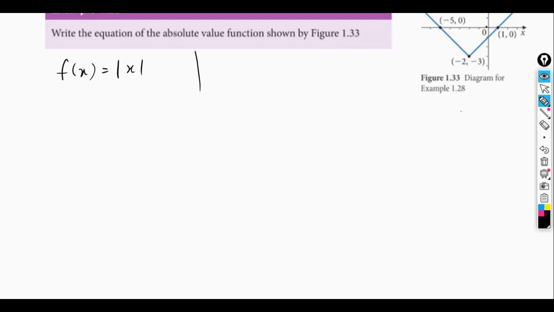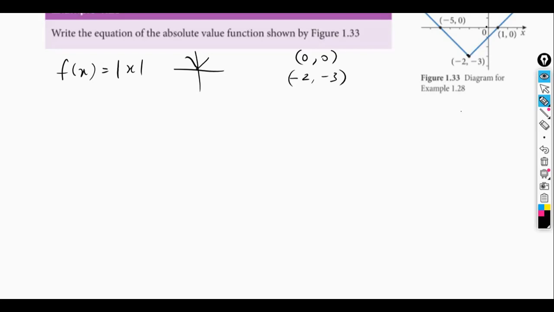Now, if you recall, that function is shaped like a V. So it has the vertex at 0, 0. So let's look at what happened to the vertex. The new vertex is at minus 2, minus 3. The original vertex was 0, 0.